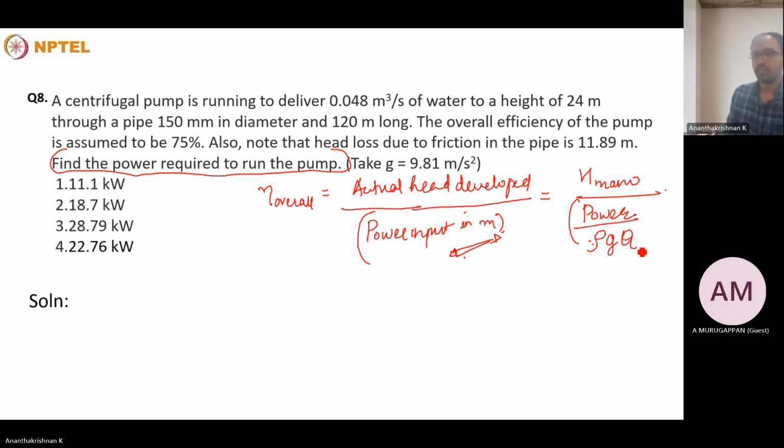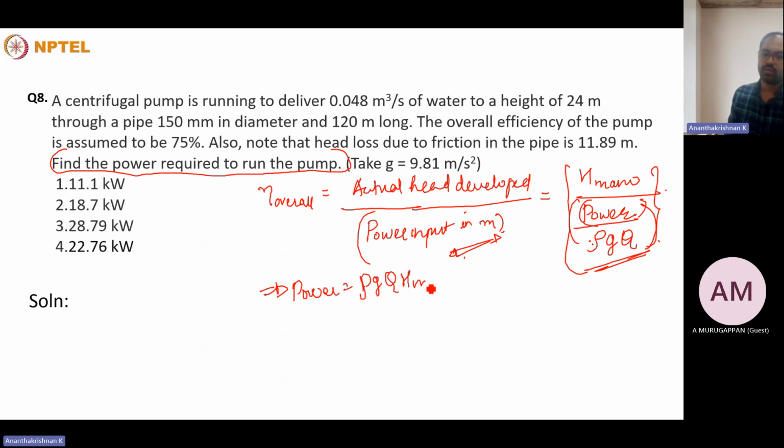This will give the overall efficiency, and from that we can calculate the power. So power is equal to rho g Q H mano divided by overall efficiency.